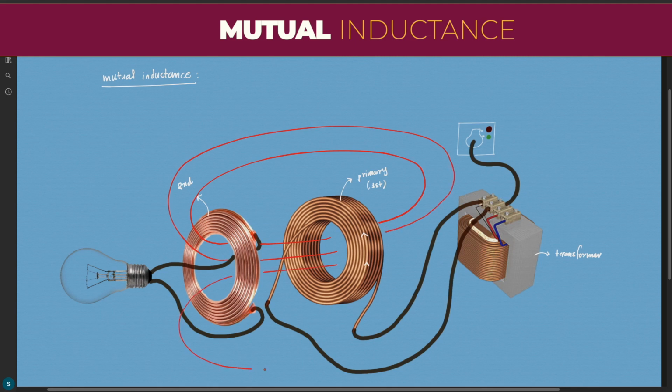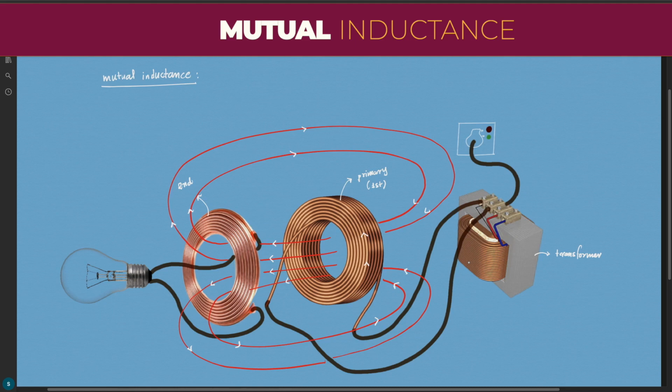So this is what we can expect from the primary coil. If you talk about the direction, then the direction would be this. This is the magnetic field line direction, and whenever these magnetic field lines are passing through the secondary coil, the secondary coil will experience a change in magnetic flux.